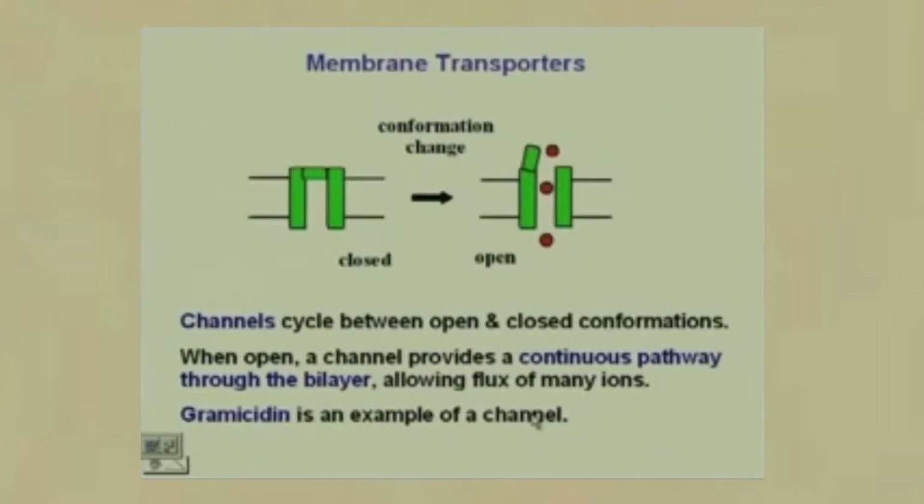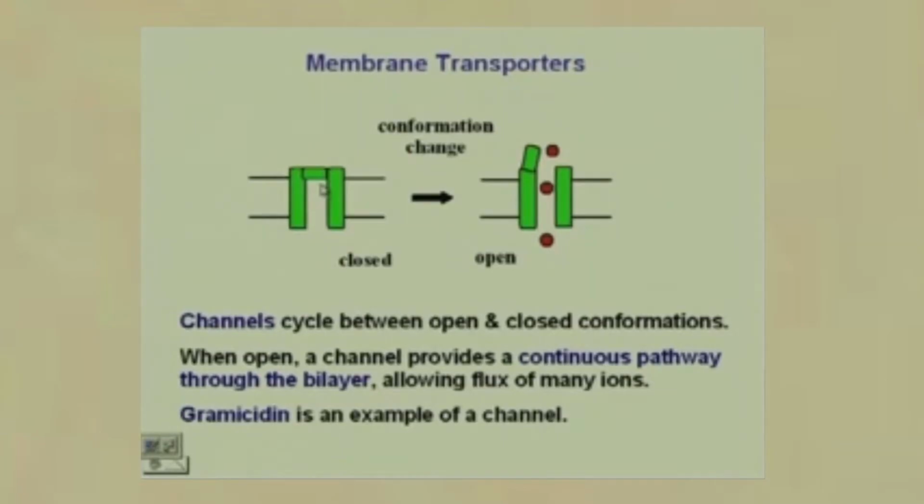Now, we look at ion channels. What ion channels are is basically openings through the membrane, but these are also sometimes what are called gated ion channels. Gated means basically it has a gate. Okay. So, it opens and closes depending on concentration differences inside the cell and outside the cell.